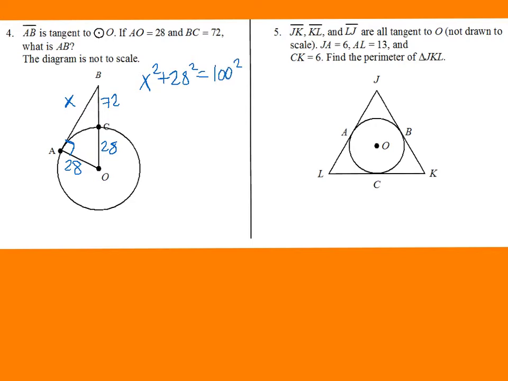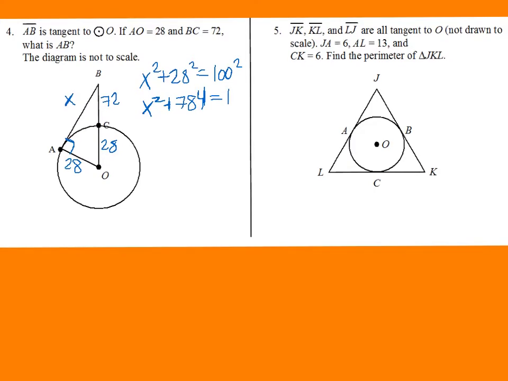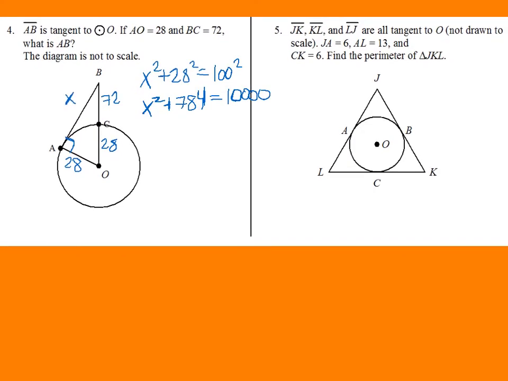Alright, so doing the math here, x squared plus 28 squared is a big number, 784. And that's equal to 100 squared, which is 10,000. Now solving, we're going to subtract 784 from both sides.